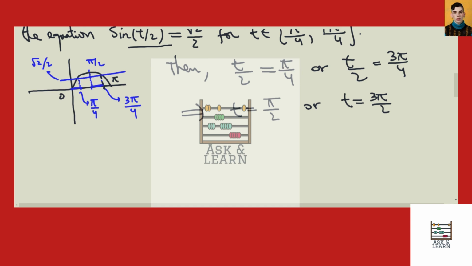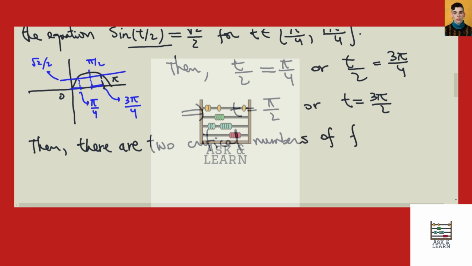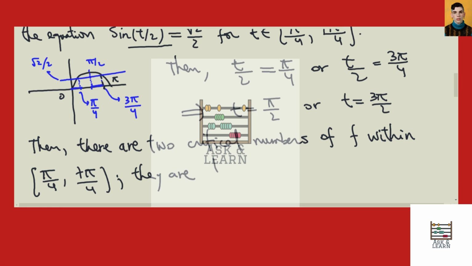So both of these are critical numbers of the function inside the given interval. Then there are two critical numbers of f within pi fourth, 7 pi fourth. They are t equals pi half and t equals 3 pi half.